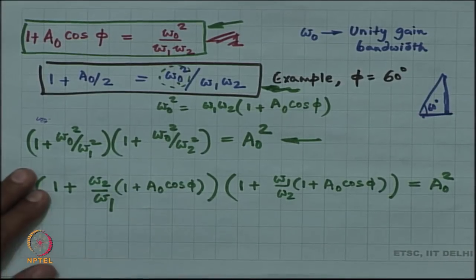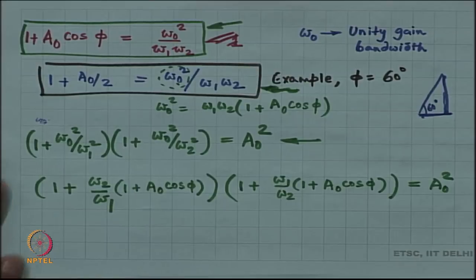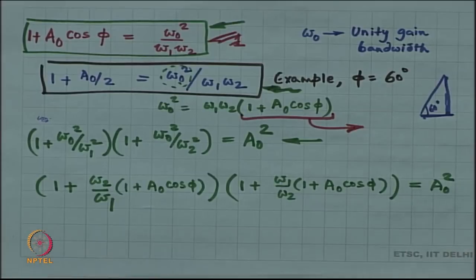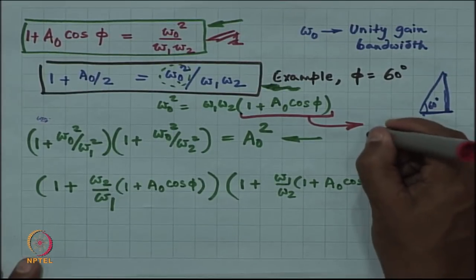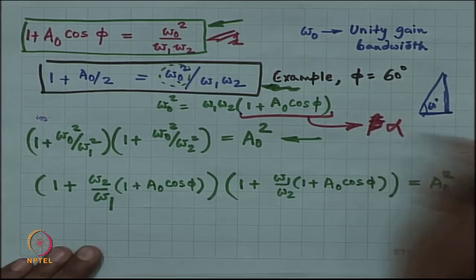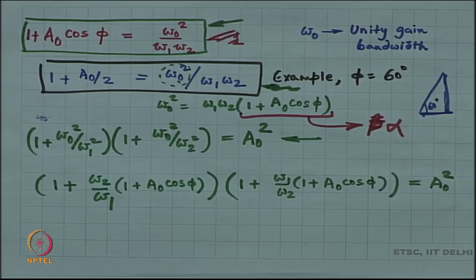Let us simplify matters a little bit. Let us call this 1 plus a naught cos phi something. What do you want to call it? Let us call it beta. Or if you do not like beta, let us call it alpha. Fine. In which case I can rewrite this. I am going to make another definition.